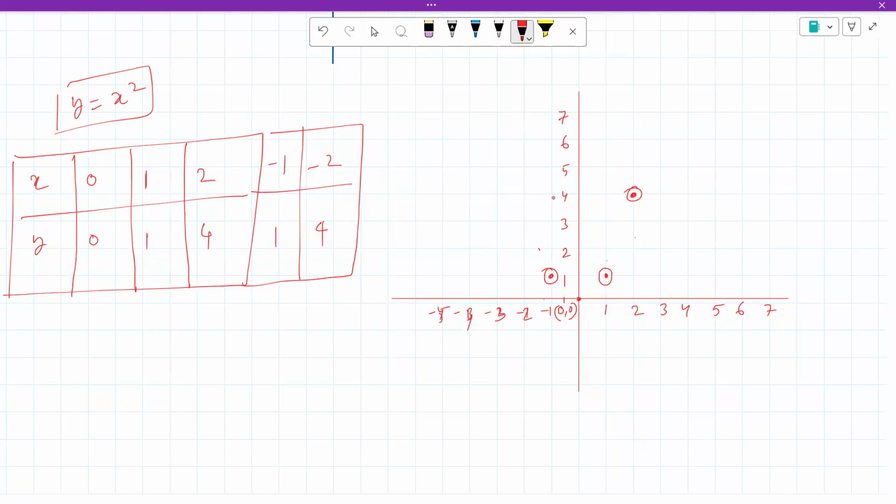So that is this point. So what kind of graph are we getting? This is the graph that we are getting. This is a parabola. Right, so this is the graph that we are getting.